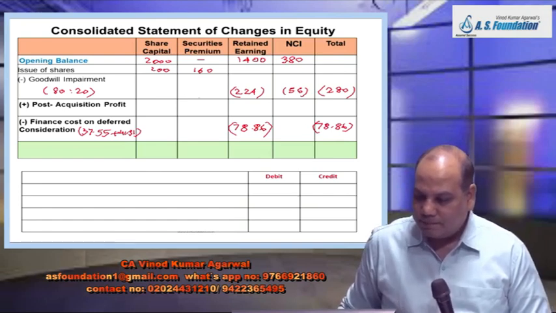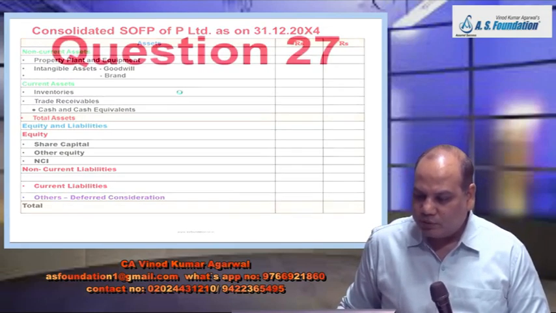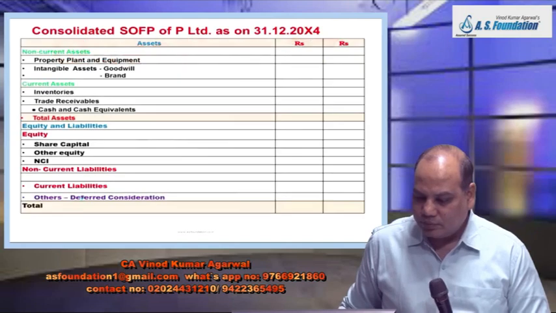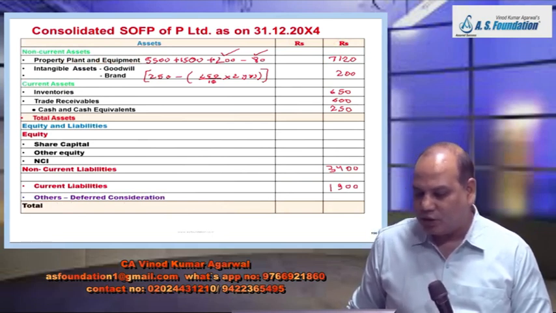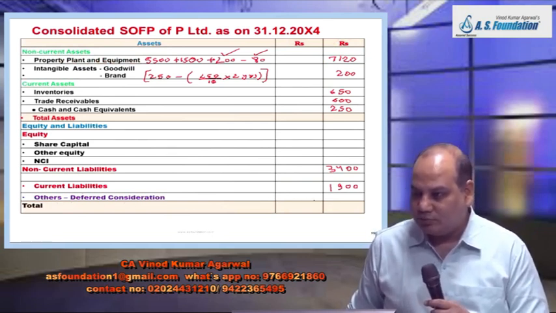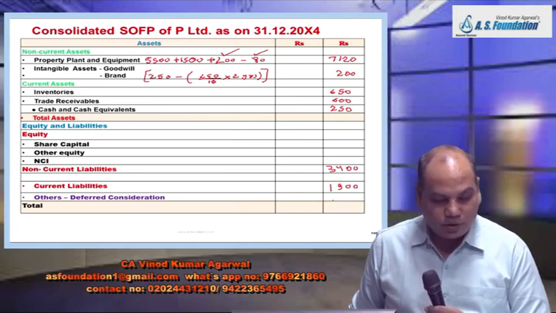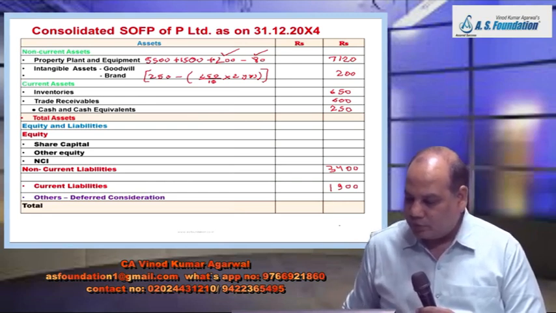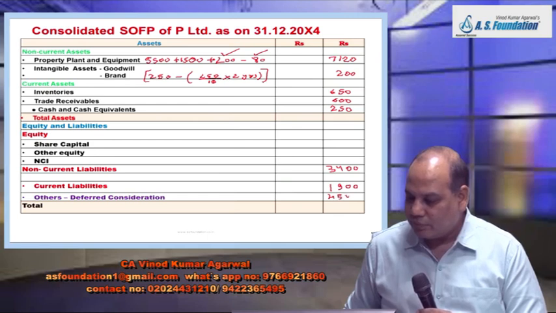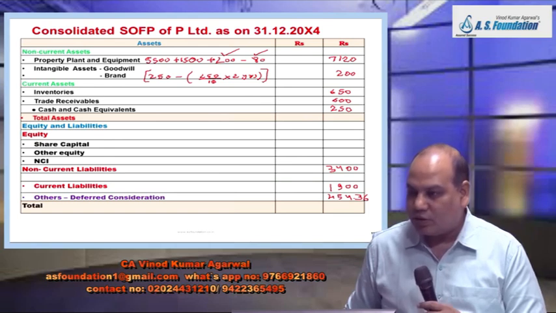And then the closing balance of deferred consideration you write here in current liabilities. Now only 1 year is remaining, so it has come under current liability. Okay. What was the last total? 454.36. Sure. Very good. All adjustments are over.